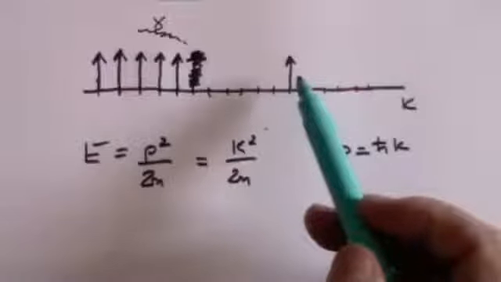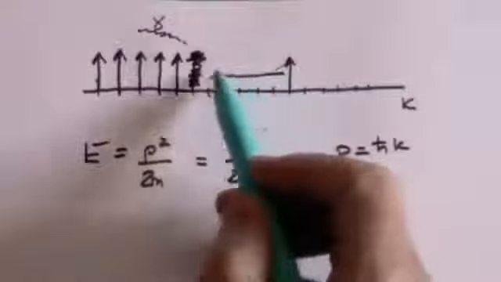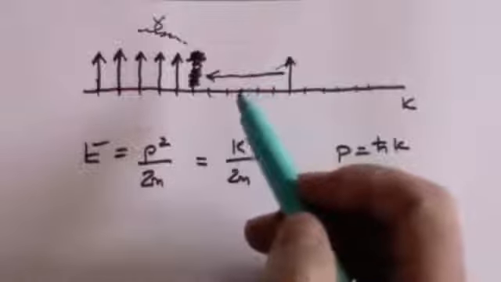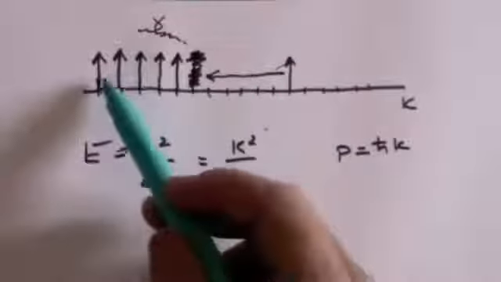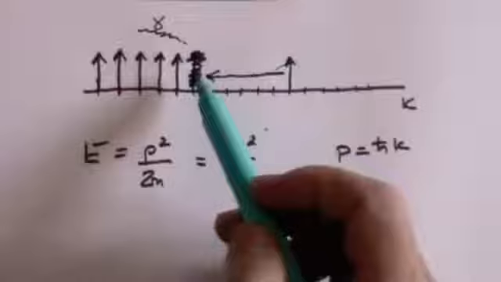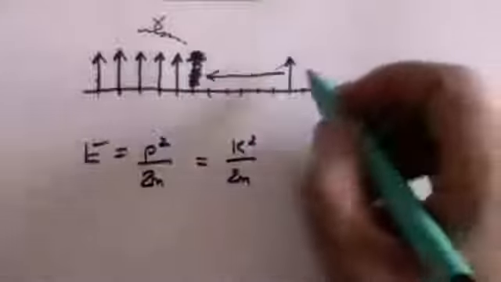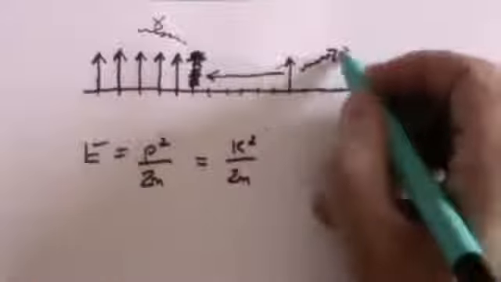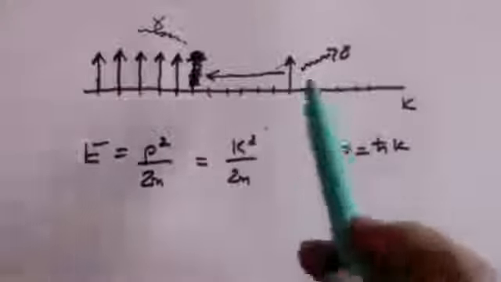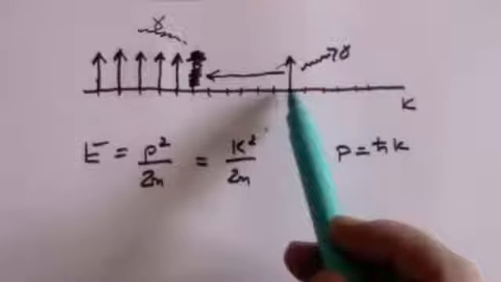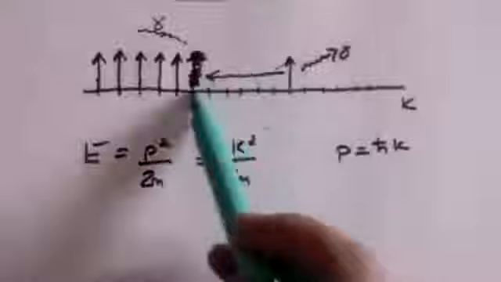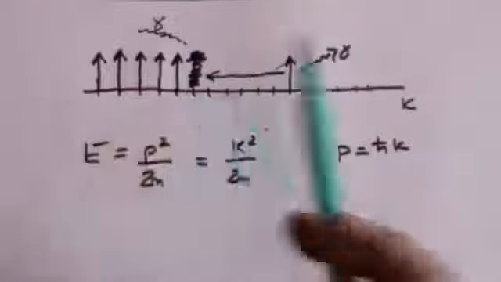But after a short while, that electron will want to fall back to the lowest possible energy position. It can't go to the very lowest, it can only go to the available energy position, and in doing so it will emit a photon with a certain energy. The energy, of course, will be the difference between the energy at this point and the energy at this point.